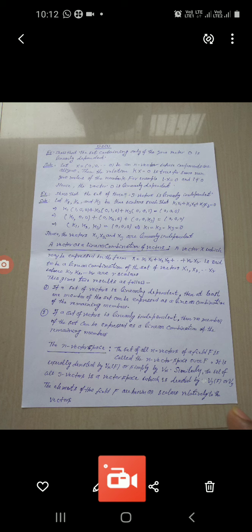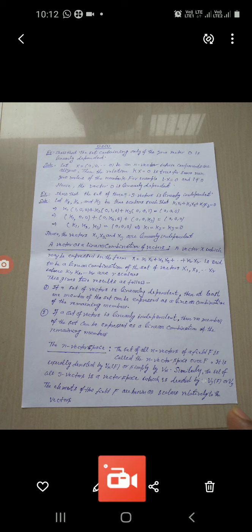Then the relation kx equal to 0 is true for some nonzero value of k.